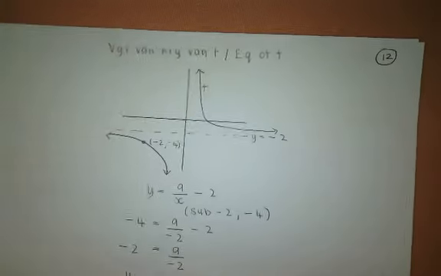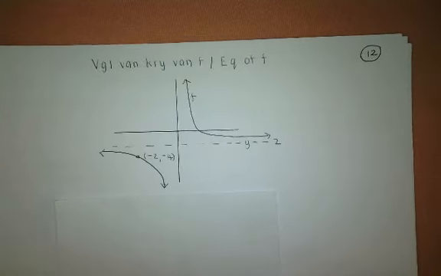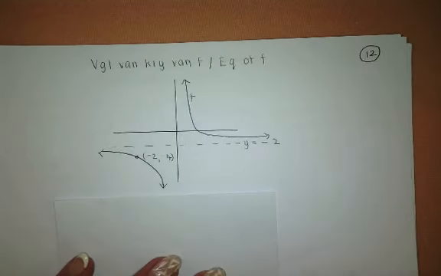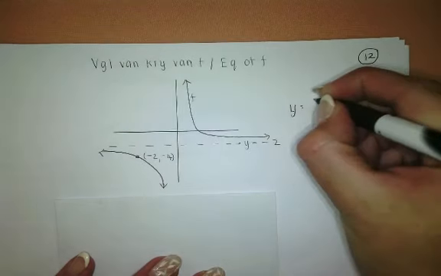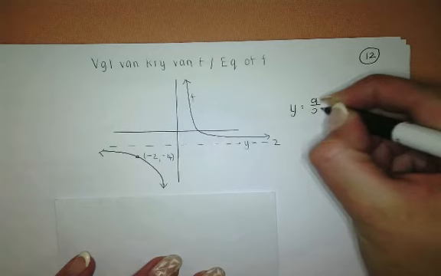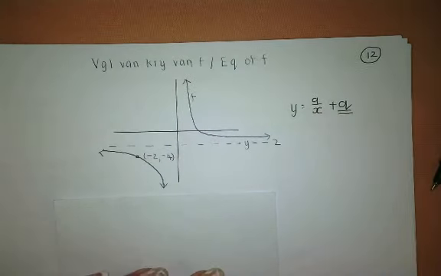Okay, another example. Here it's given. So what graph do we have here? It's not linear, it's not a parabola, it's a hyperbola. My general rule for a hyperbola is y equals a over x plus q. Do we have q?